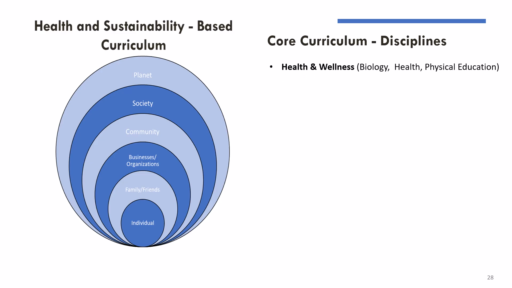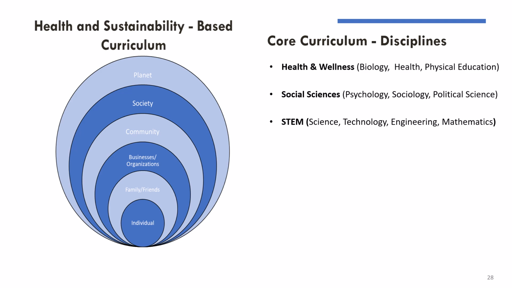Social sciences can help students understand and recognize society's impact on individual and group health, well-being, and behavior. STEM disciplines can teach students about the impact of human activities and behaviors on people, animals, the environment, and the planet.